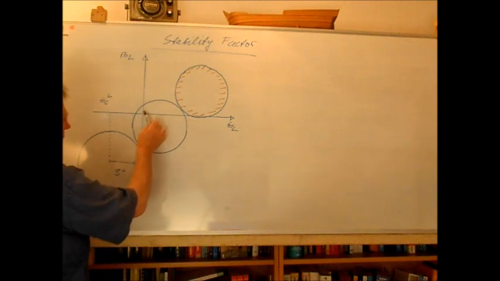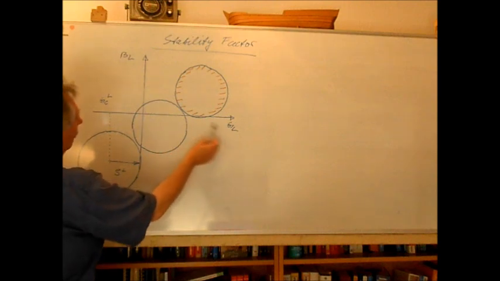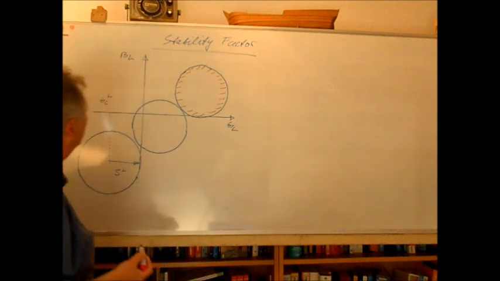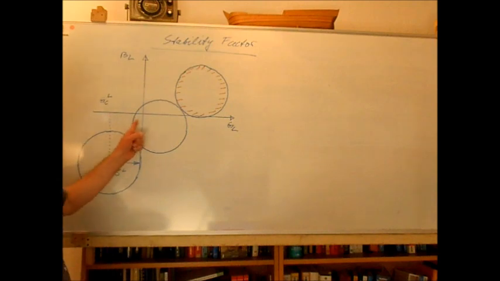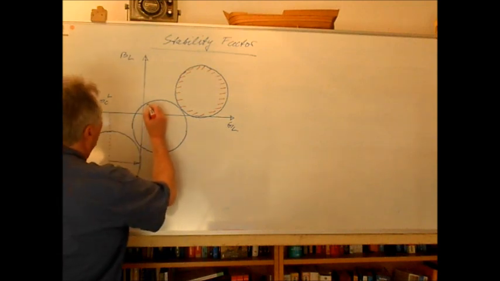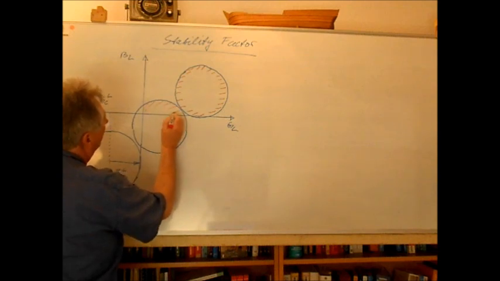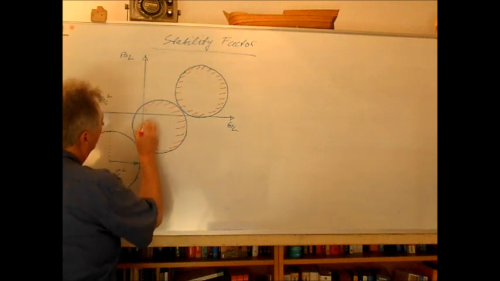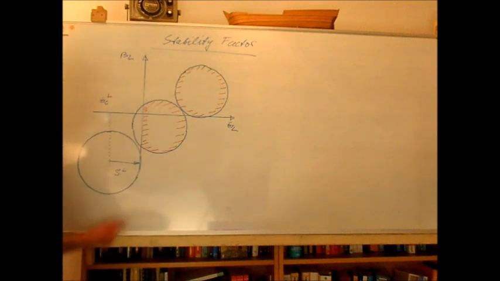That means a positive real part of the load admittance will result in a negative input admittance, but if I have the part in the left half plane, then only a negative load admittance would result in a negative input admittance. So only this part of the stability circle is really crucial.